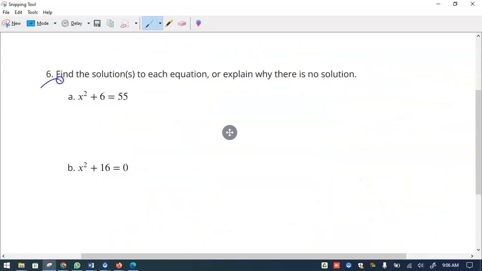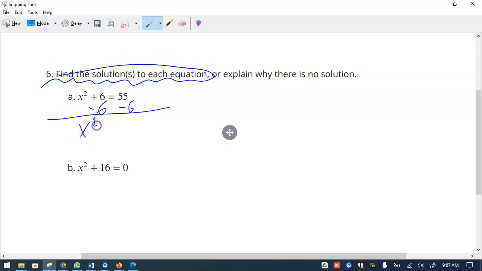So this question is asking us to find the solution to each equation. All you do is first subtract 6 from both sides. When you subtract 6, you get x squared equals 49, and then x equals plus or minus the square root of 49.